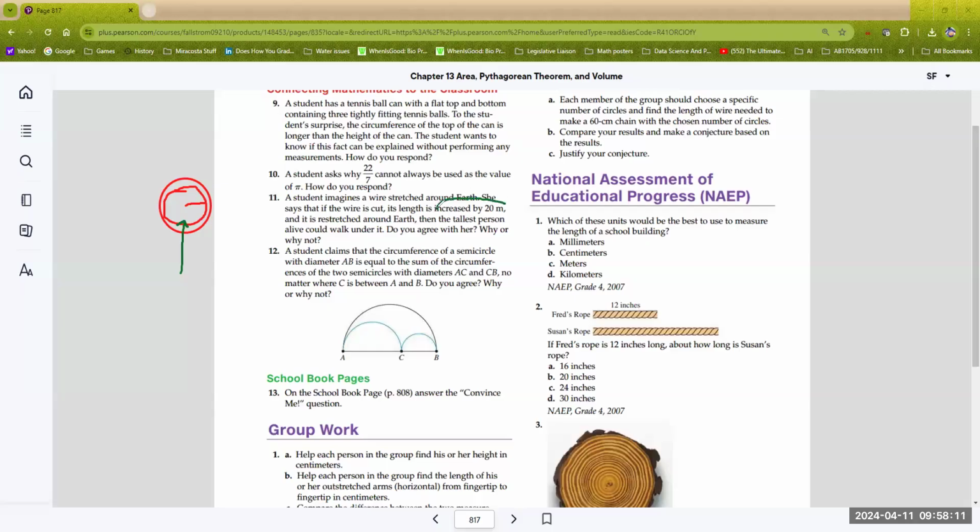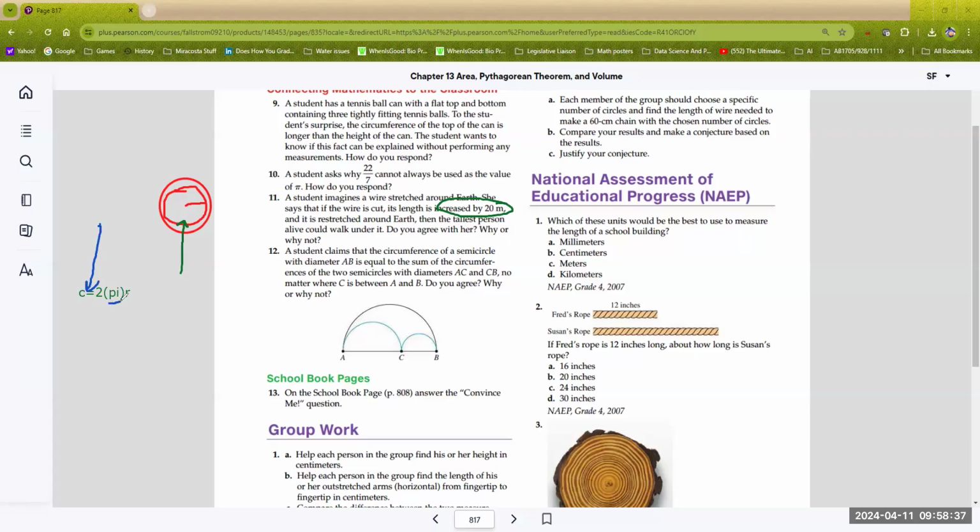Then add 20 meters to that, right? Then go back and use it algebraically, because you know your formula is C equals 2 pi r. So now that you have the circumference, which has been increased by 20, that goes right here in the circumference equation.